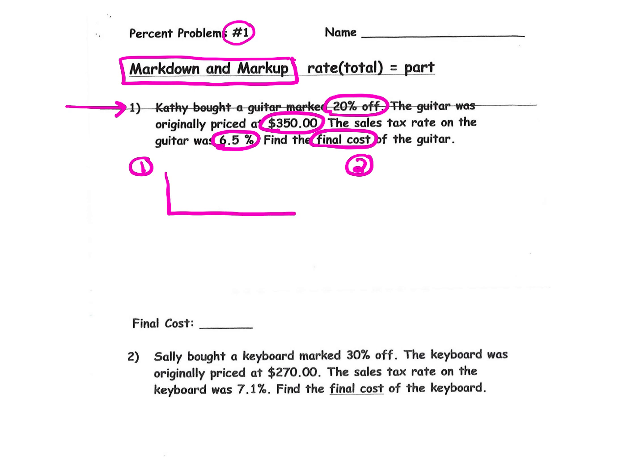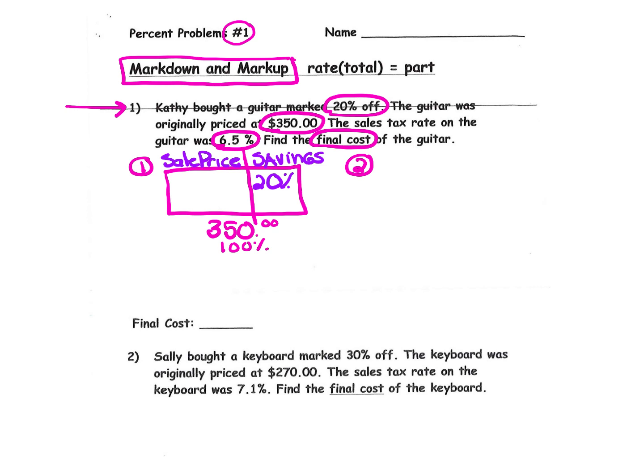We're going to take the cost of the guitar, $350, and we're going to mark it down. We're going to cut the bar into parts.